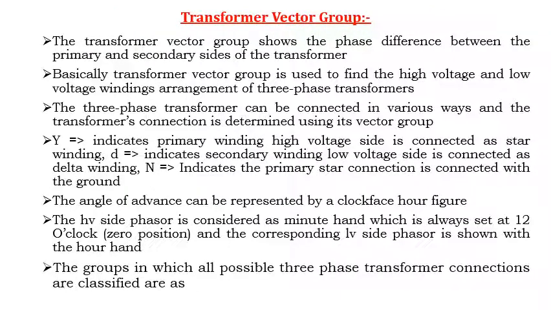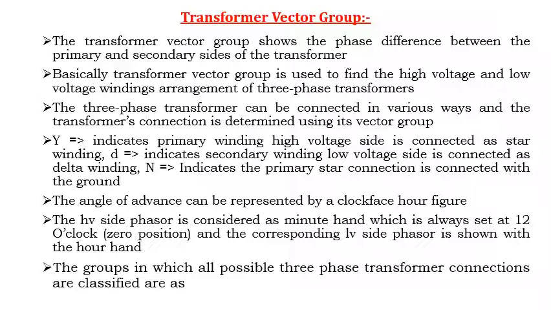Now we'll consider the transformer vector group. What do you mean by the transformer vector group? The transformer vector group is nothing but the phasor representation between the primary and the secondary side of the transformer.